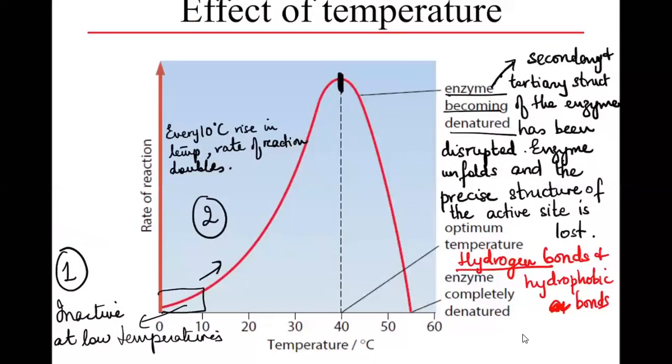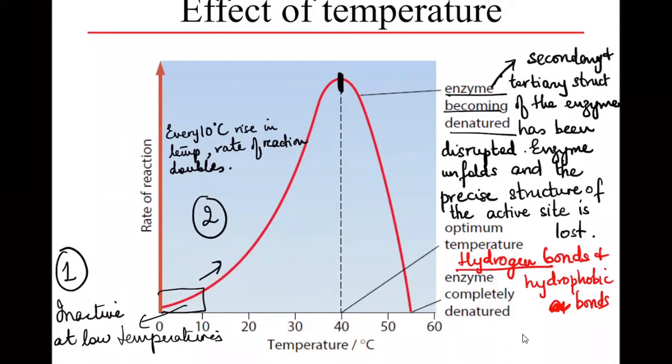If I am asked to explain this part, what will I say? I will say, at a temperature of 0 degrees Celsius, the enzyme is inactive, right? Since it's inactive, there is no chance of the enzyme interacting with the substrate, and hence no enzyme substrate complex formation takes place, and therefore the rate of the reaction is minimal.